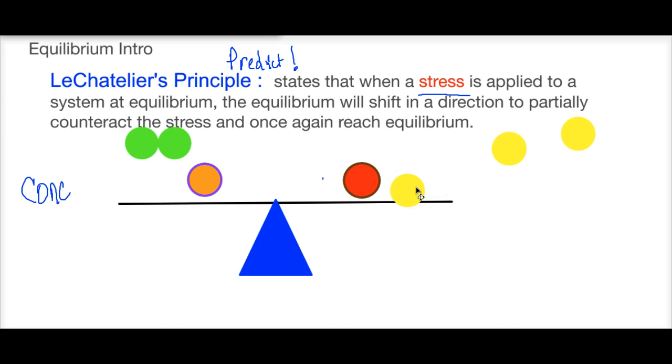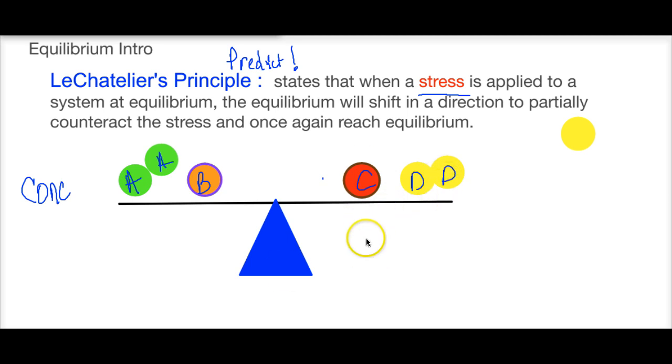You're going to be asked what's going to happen to the amount of, like I said a while ago, the B. So if this is A, and this is B, and this is C, and here's D and D, well, the questions are more typically for AP, what happens if you have a vessel and you're making a gas, okay, and there's a leak in the gas vessel, and this gas is escaping. What happens to the amount of C? That becomes your question. Well, the amount of C is going to go up because you are removing this product. When you're removing the product, you're driving the reaction this way.